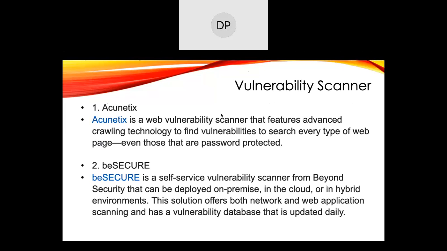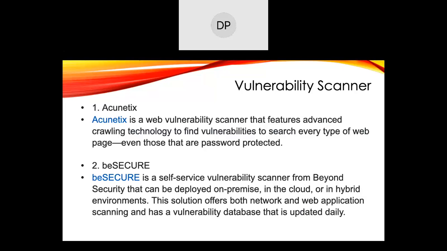So now we'll see the most common vulnerability scanners in alphabetical order. First is Acunetix, and you have to install it and use it. Acunetix is a web vulnerability scanner that features advanced crawling technology to find vulnerabilities in every type of web page, even those that are password protected.